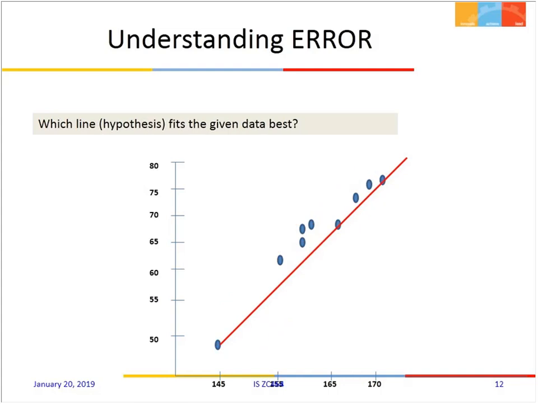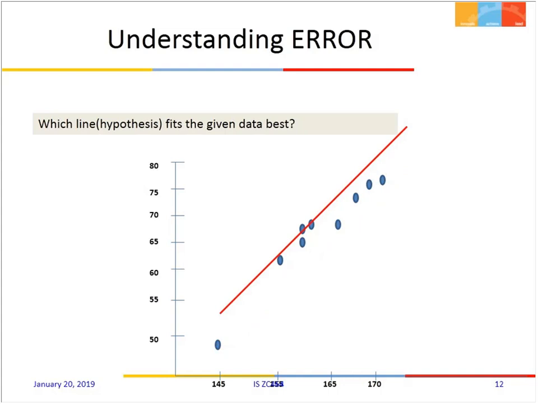The previous line was coming through a lower value of y. Yes, the intercept changes definitely. So all of you are answering intercept. What is changing is the intercept. Now, this one also has a different intercept, but maybe the same slope. This one, the new line, now the slope has also changed.